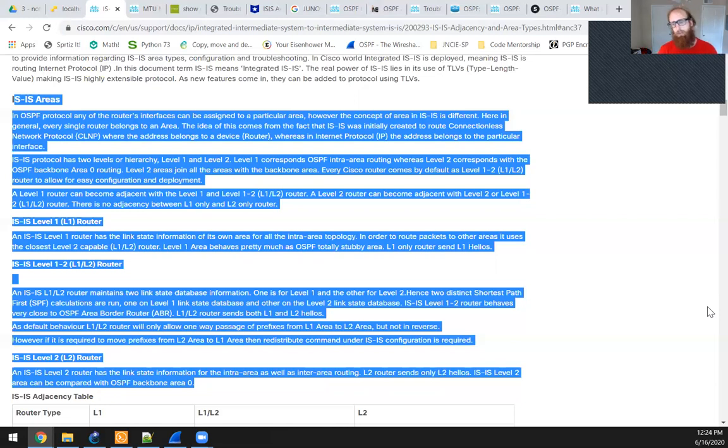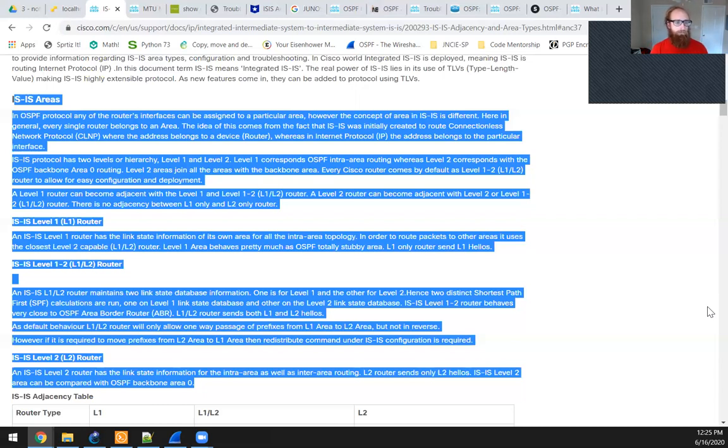Every Cisco router, these are Juniper routers, but it's an open standard protocol, so it should be the same, comes by default as a level 1-2 router to allow for easy configuration and deployment. A level 1 router can become adjacent with the level 1 and level 1-2 (L1/L2) router. A level 2 router can become adjacent with level 2 or level 1-2 (L1/L2) router. There is no adjacency between L1 only and L2 only router.